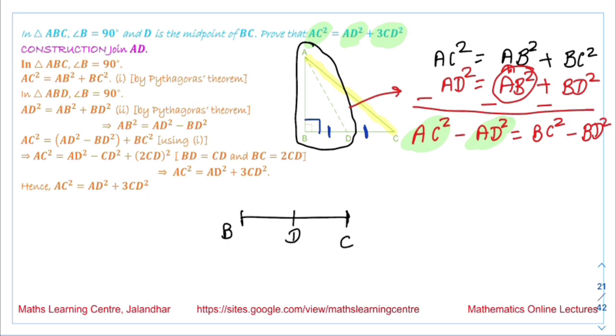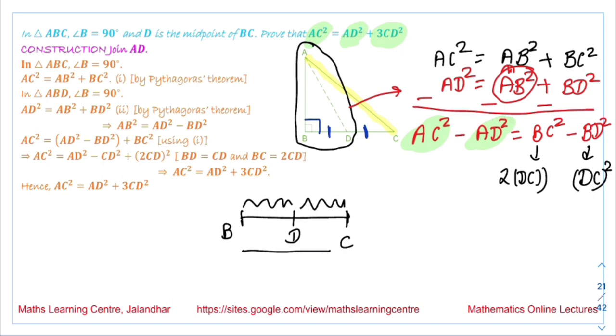BD and DC, these lengths are equal. So in place of BD I can write DC, and in place of BC I can write 2 times DC. So it is 4 times DC square minus DC square. On solving this you will get 3 times DC square.